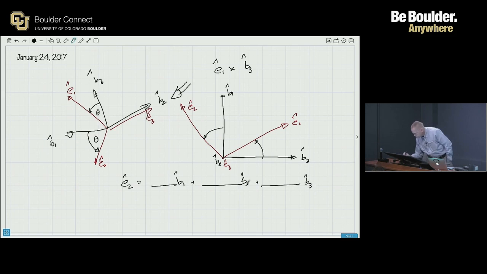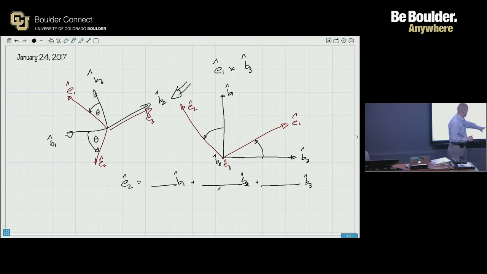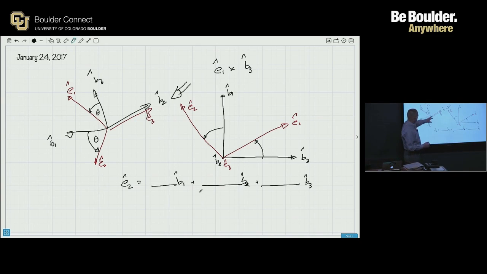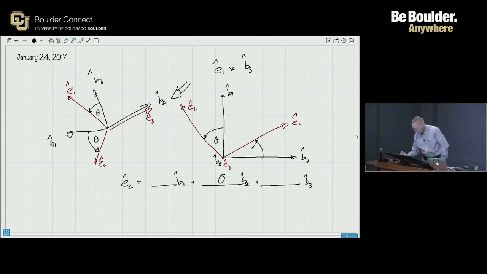Oh, this should be a 2. That's hard to see. There we go. Which of these somethings is going to be 0? B2 should be 0, right? Because that's the axis that comes orthogonal to this plane, right? So this one's going to be a big 2, easy, okay? That's the easy one. Now, here's the angle theta.